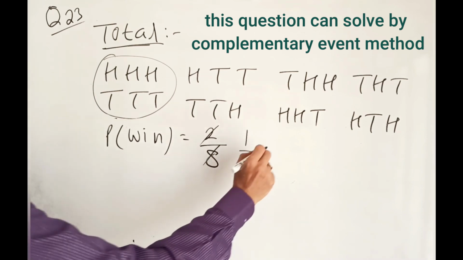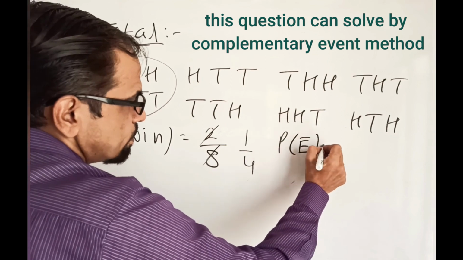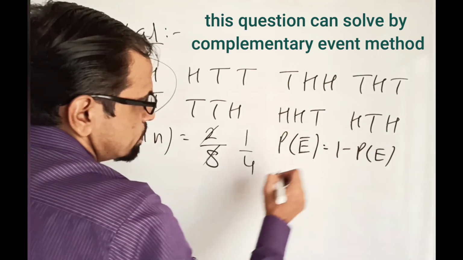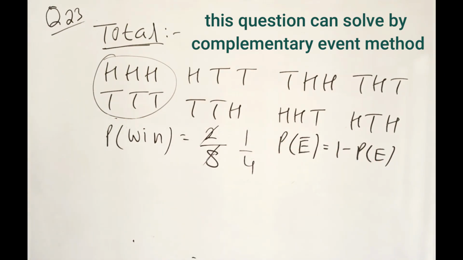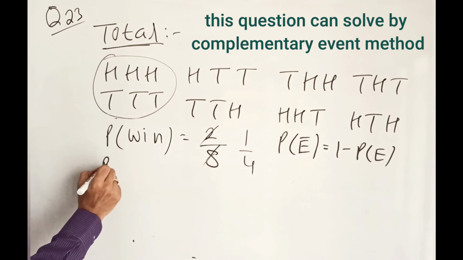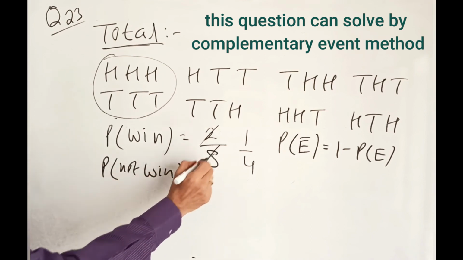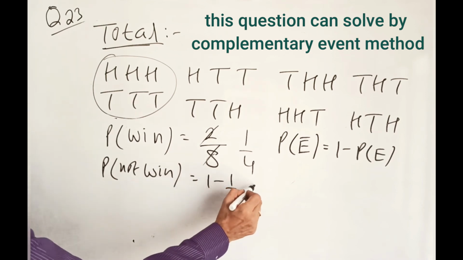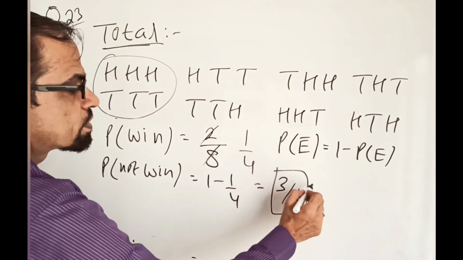Now we can use the formula: probability of not event is equal to 1 minus probability of event. E bar means not event. These are complementary to each other. So probability of not win will be 1 minus 1 by 4. So this we will solve, it will come the same, 3 upon 4. This is the answer.